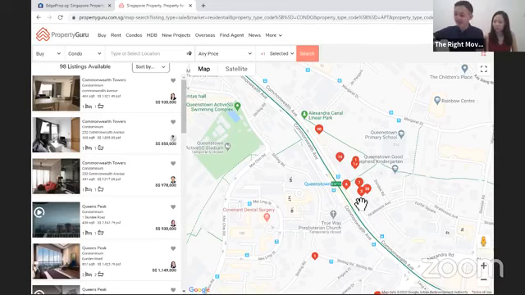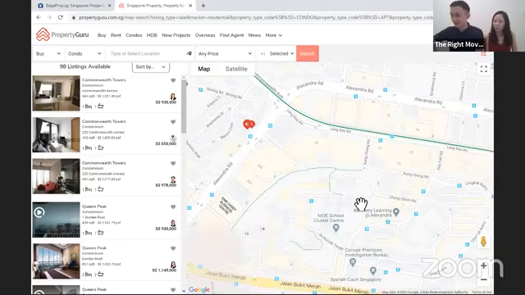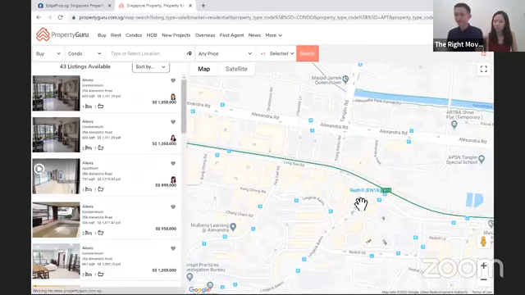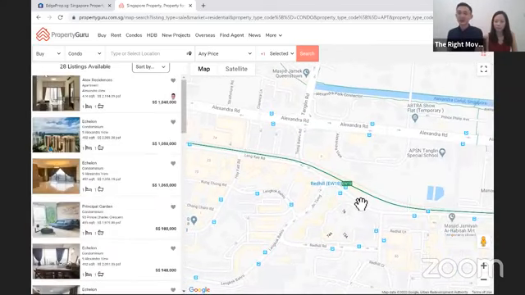Just to show, we can go to Redhill: 28 listings. So you see, there's quite a big difference in the number of listings.